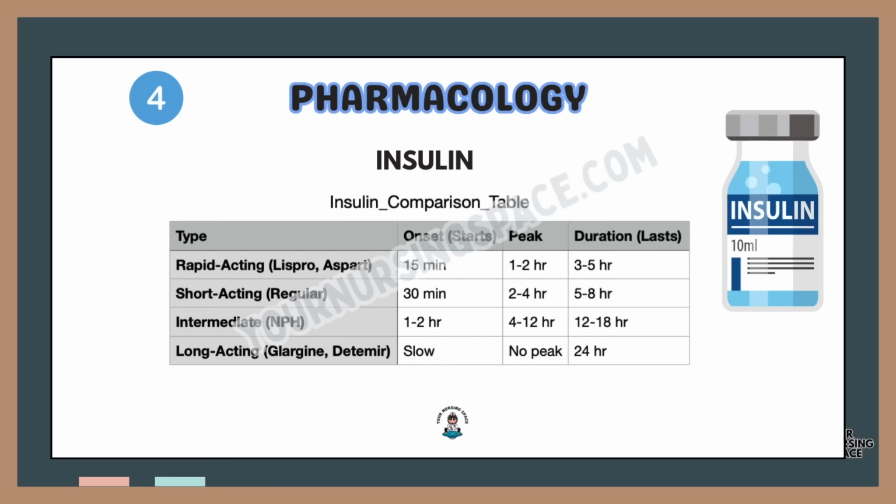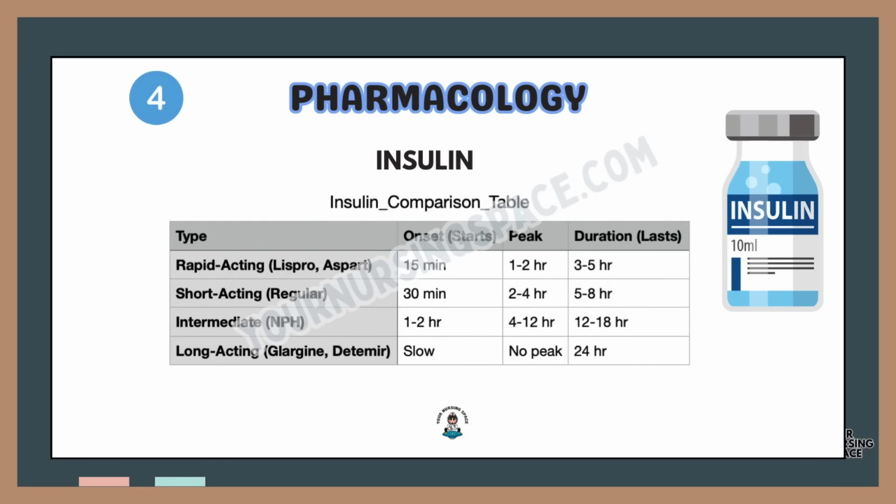Next, we've got short-acting insulin, which is regular insulin, like Humulin R or Novolin R. And this one's a bit more chill. It starts in 30 minutes, peaks at 2 to 4 hours, and lasts 5 to 8 hours. So it's still good for meals but needs a head start, like giving it before the appetizers hit the table.